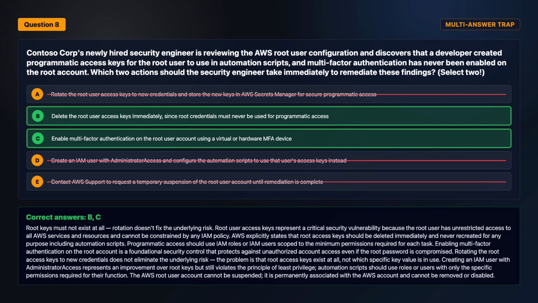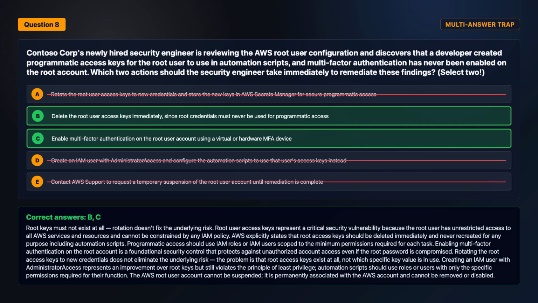Enabling multi-factor authentication on the root account is a foundational security control that protects against unauthorized account access even if the root password is compromised. Rotating the root access keys to new credentials does not eliminate the underlying risk. The problem is that root access keys exist at all, not which specific key value is in use.